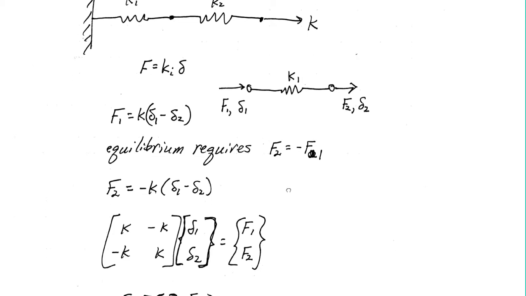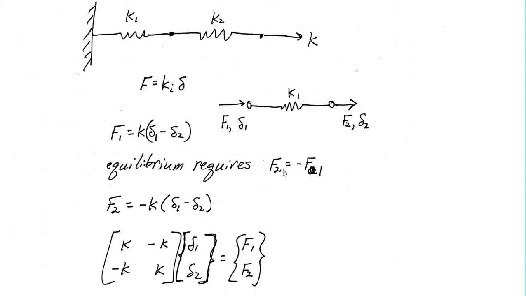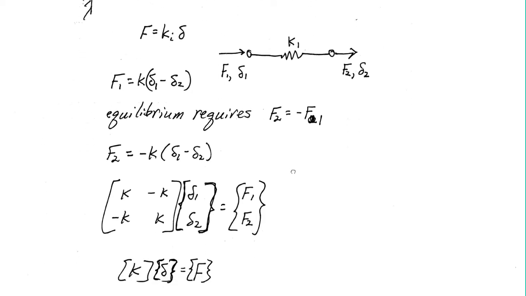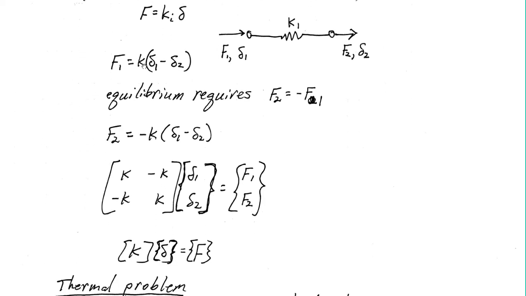Alright, so if we think about these forces here, at equilibrium, the force at 2, F2, must be equal and opposite F1. So we can take the same expression and write it in this form. So I've just put a minus sign in front here.